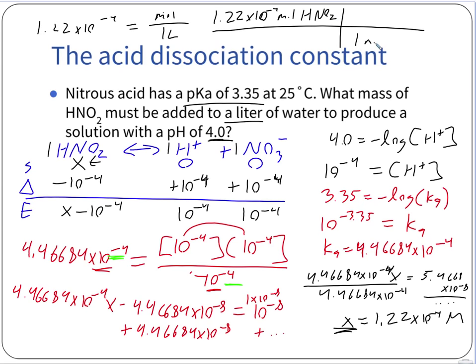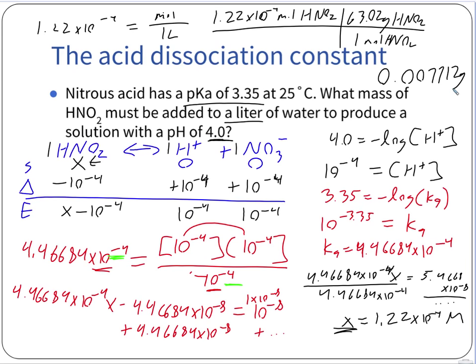So 1 mole of HNO2, and then how many grams of HNO2 do we have? For this one, let's see, it should be 63.02. So 63.02 times 1.22 times 10 to the negative 4th, and when I do that, I end up getting 0.00712 grams.